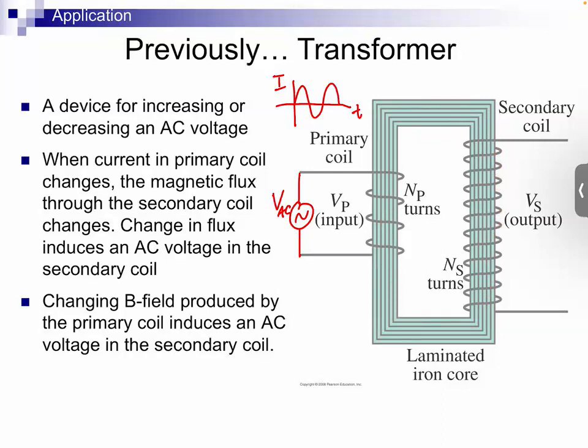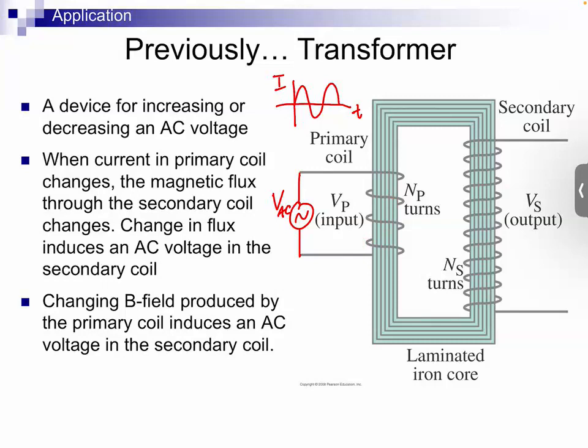And we saw in the last lecture that the magnetic field will then go through the second coil, which we call the secondary coil. And since the magnetic field magnitude changes through the second coil, that then induces a voltage in the secondary coil. So the secondary coil voltage is the induced voltage that is a consequence of the changing currents and the changing magnetic field produced by this primary coil, right?